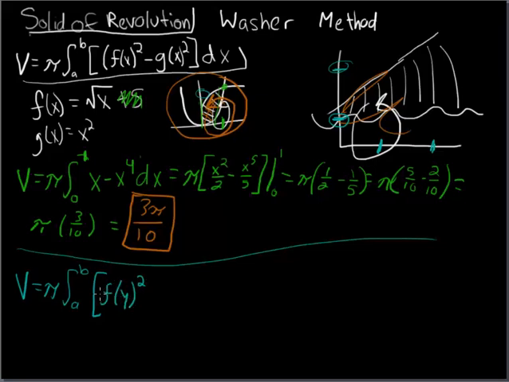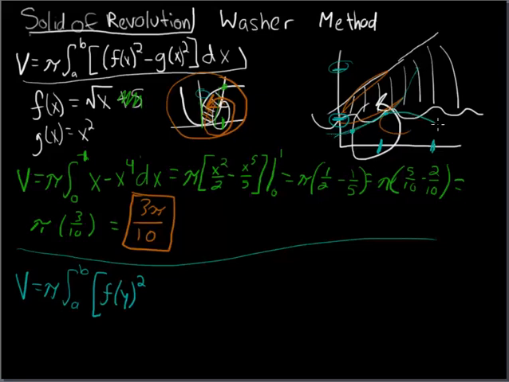So it would be a function maybe x equals the square root of y. That would look like, I don't know, x equals 1, y equals 1. Right there, x equals 4, y equals 2. It'll look like this, I believe.